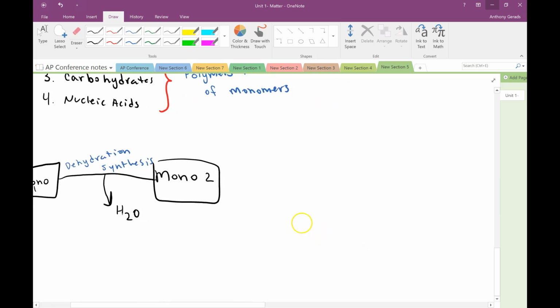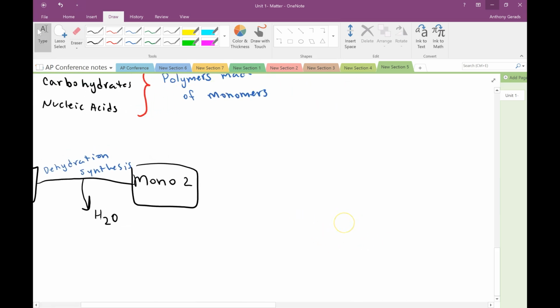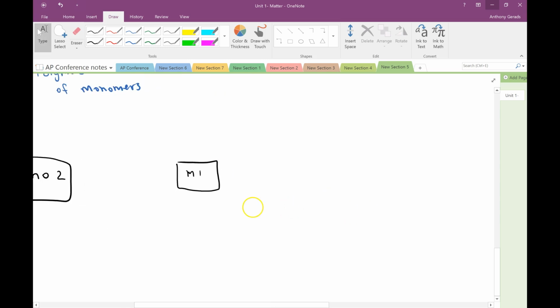Let's say the opposite happens and I want to break it. If I've got monomer 1, M1, and I've already got this bond, M2, and I want to break it, what I've got to do is input water.